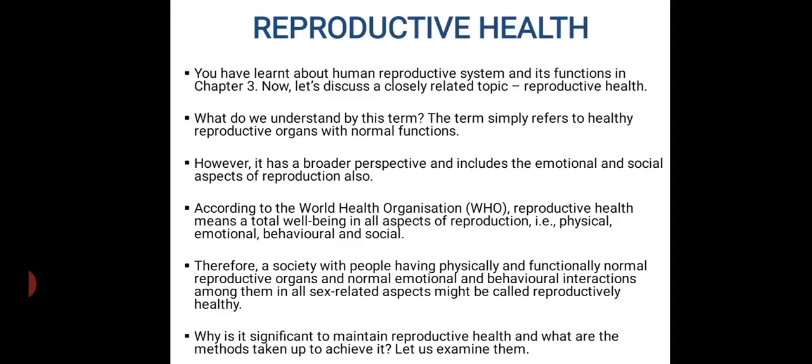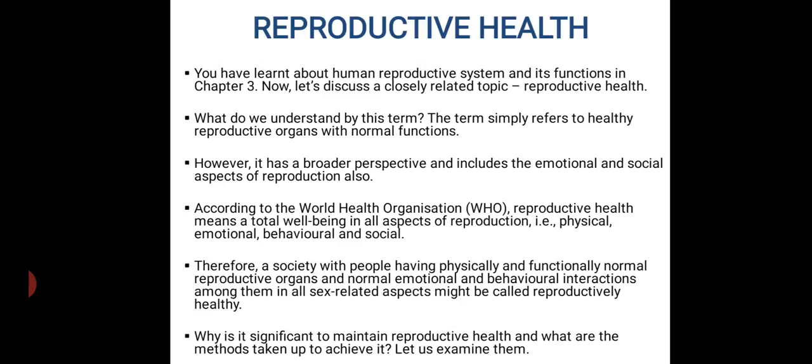According to WHO, the World Health Organization, there is a defined definition for reproductive health: a total well-being in all aspects of reproduction, that is physical, emotional, behavioral and social. So these points are very important, that not only the physical concern but emotional, behavioral and social related things are also associated with reproductive health.